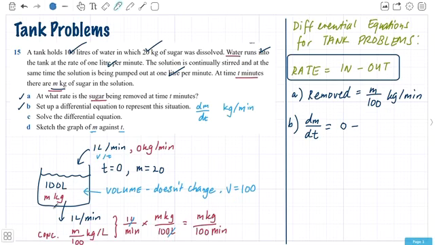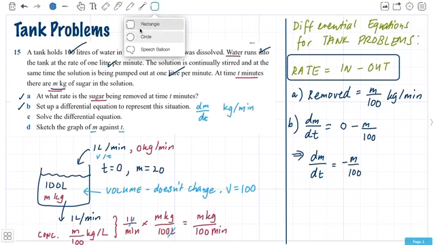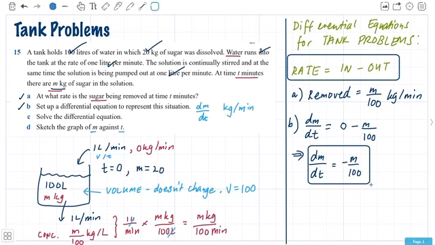And then we did our work here to figure out the concentration, which was kilos per litre, times litres per minute, and we had m over 100 kilos per minute. So that's going to be our out rate. Okay, so we could just simplify that and write that as dm dt equals negative m on 100.